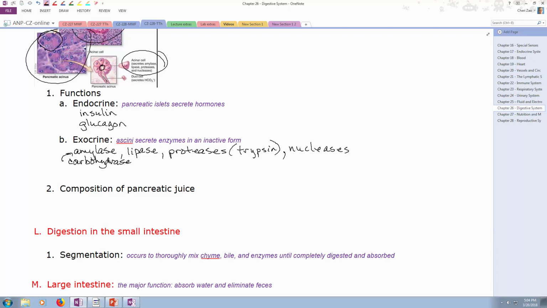And these all go into the pancreatic duct. And CCK, don't forget CCK, stimulates pancreatic juice release.